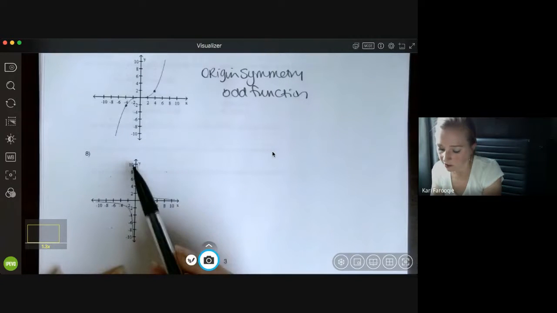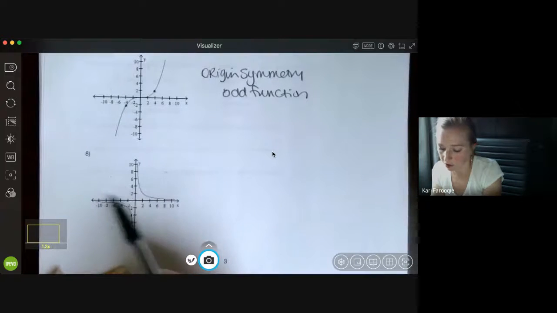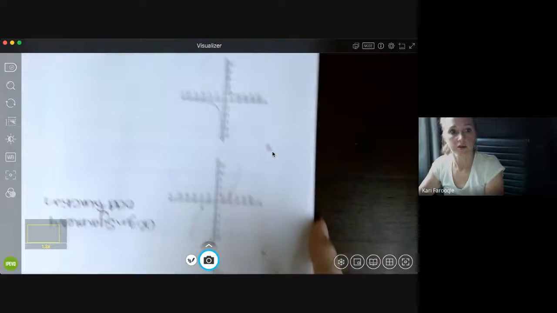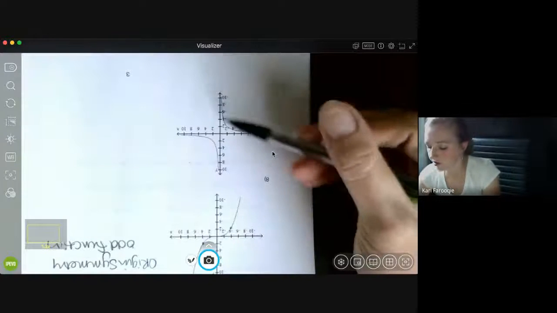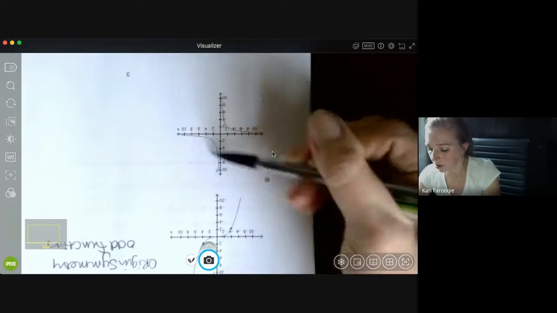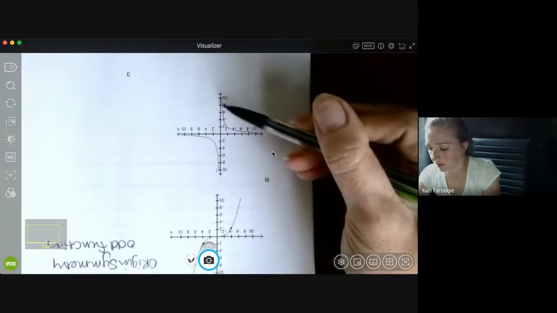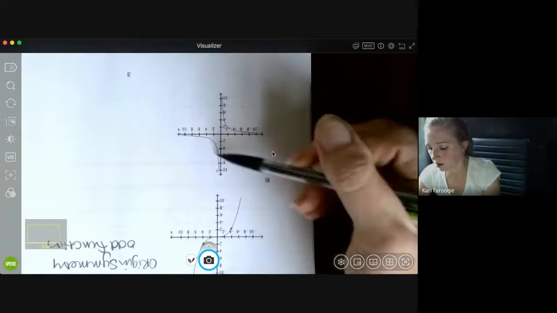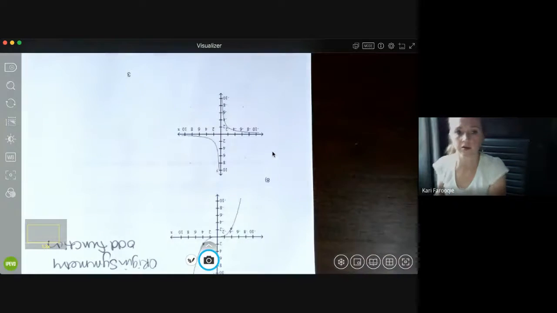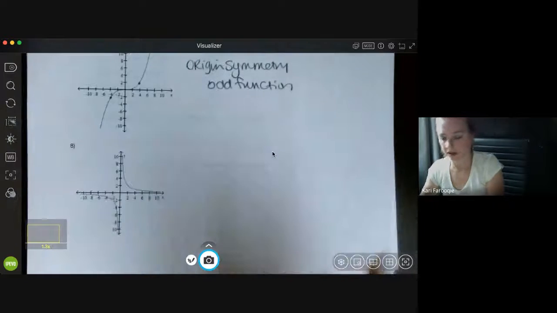If you had y-axis symmetry, then all of these points over here would be occurring over here in quadrant 2. You don't have that. But flip it upside down and notice that you have the same exact picture where you have a graph occurring in quadrant 1 and quadrant 3. So this is another situation where you have origin symmetry and an odd function.